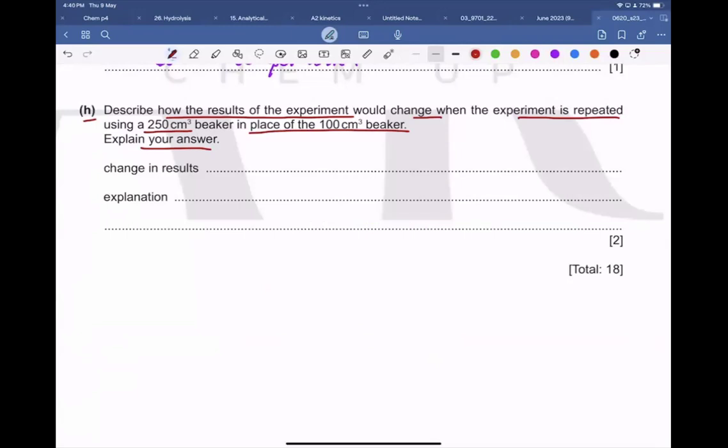Here, the time decreases, and time decreases means the rate increases.